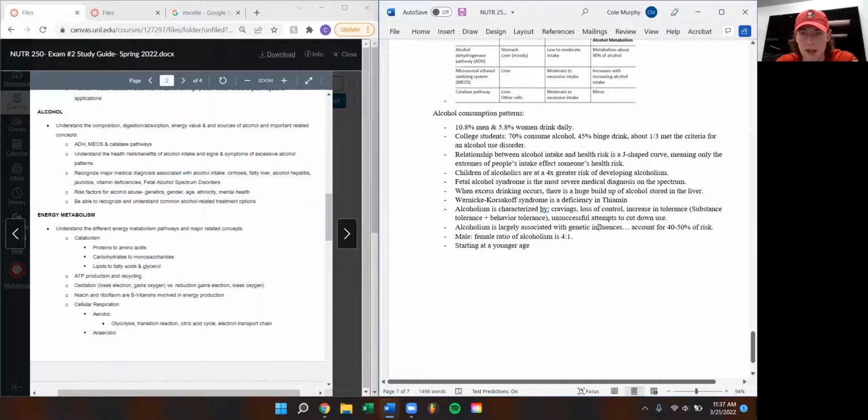Alcoholism is largely associated with genetic influences, about 40 to 50% of the risk. So if that's you, it's better to know and look out for that.